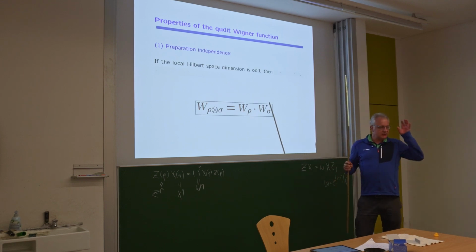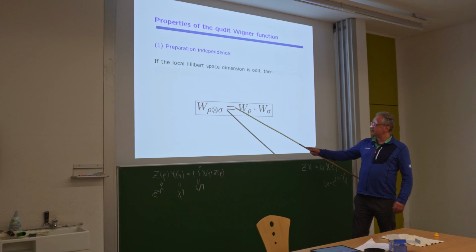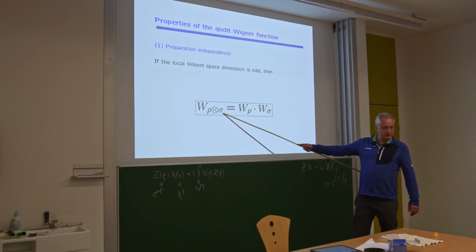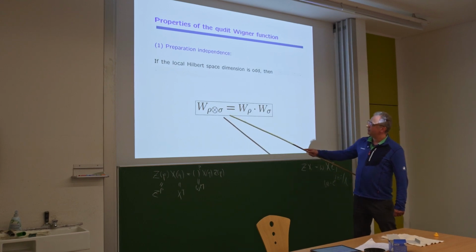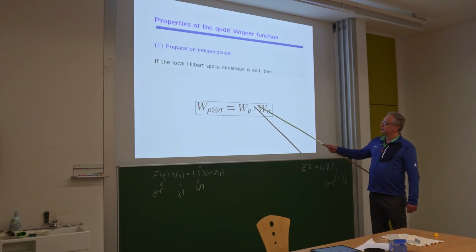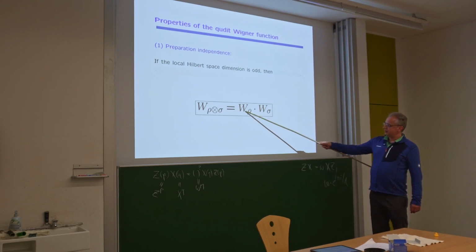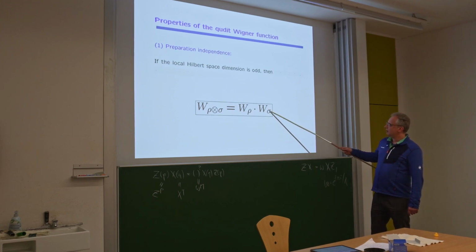Yeah? So we have one state for particle 1, completely uncorrelated with another state on particle 2. Then the 2-particle Wigner function for this tensor product equals the 1-particle Wigner function for the first state times the 1-particle Wigner function for the second particle.